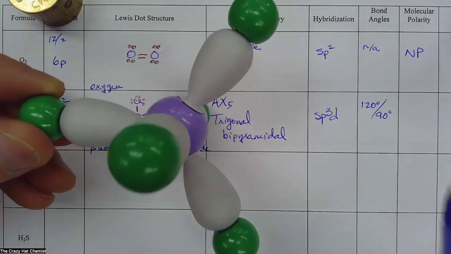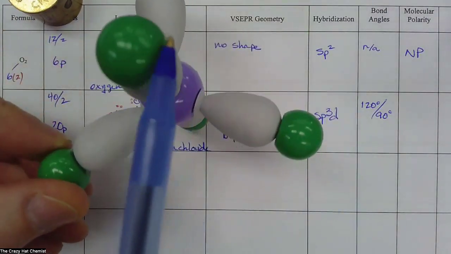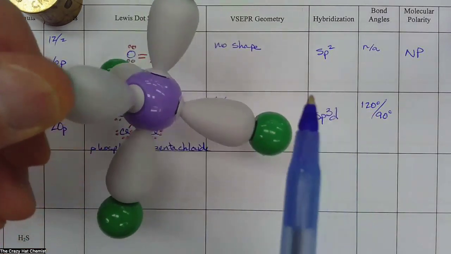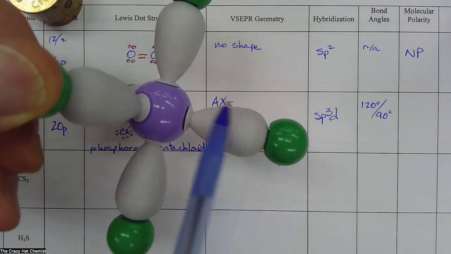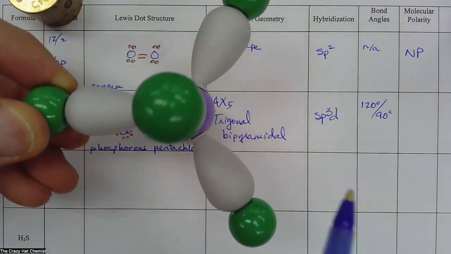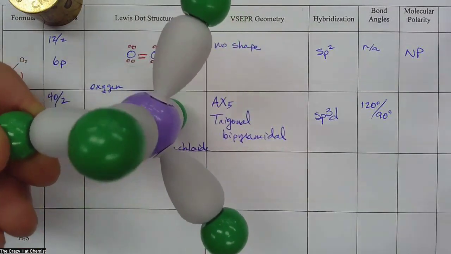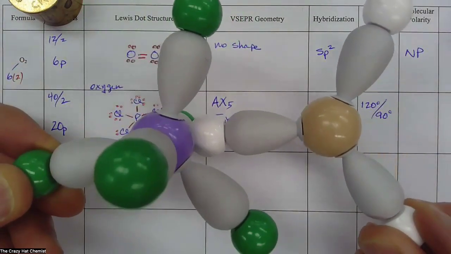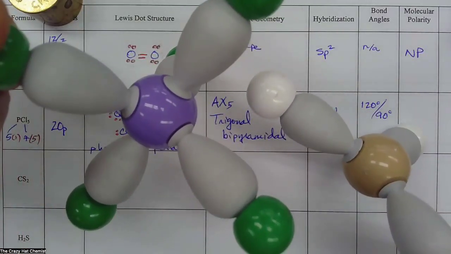So the bond angles within the plane of that trigonal structure is 120, and then here is 90. You should see that this 90 is right here, and then this is that 120 right there. It looks very similar in the central area, just like this trigonal planar structure, except it's not planar.